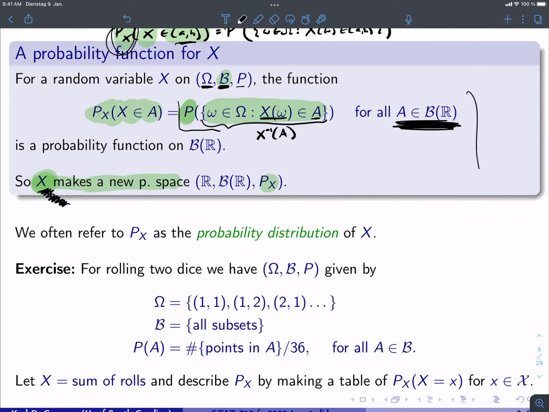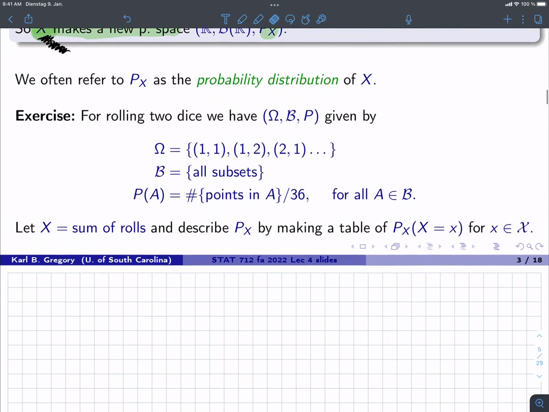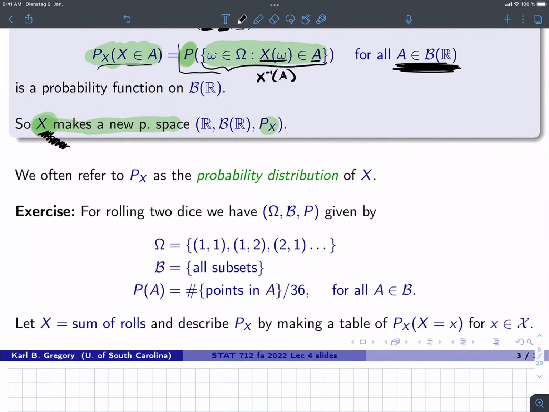So this all seems a little bit tedious, I'm sure, but you'll get into some of these details more next year. For us, we don't always need to pay attention to every level of nuance here. So we'll get into some examples. So this new function, this P_X, we often call it the probability distribution of x. So it basically tells us what values x is able to take, and it tells us how likely it takes each value.